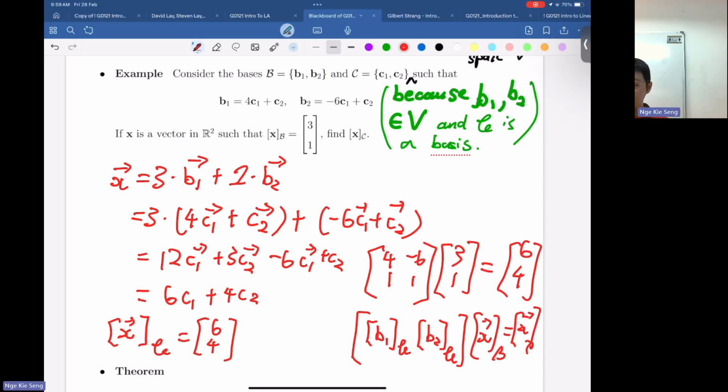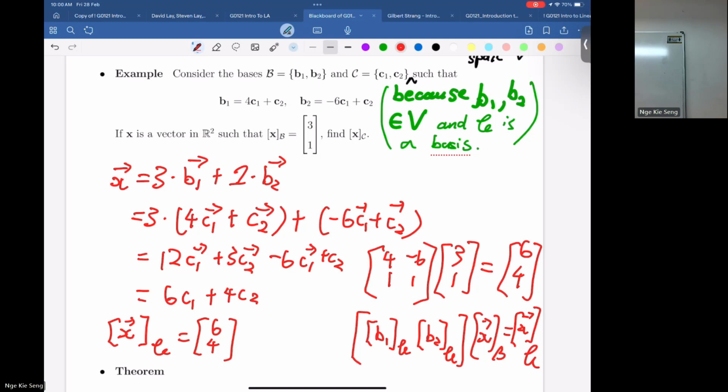Meaning, once we know how the basis B looks in C, we can send every coordinate vector in B to a coordinate vector in C. Later we're going to prove, or maybe if not prove, look at this theorem later.